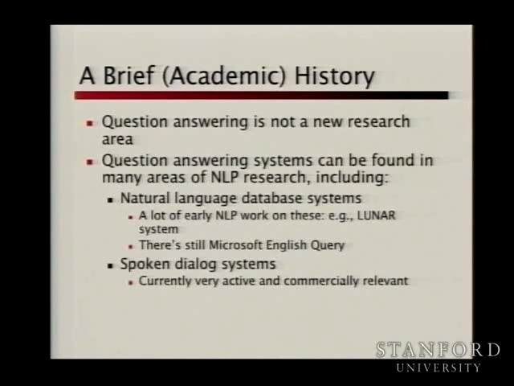And there's a modern instantiation of that with spoken dialogue systems, which are often working off a database, and you're asking about at what times does United fly to Florida or something like that, that's very active still today. But the difference from that and this is that this kind of work is all very domain-specific work, which has a lot of handcrafted components.